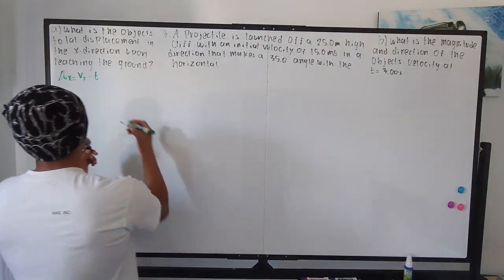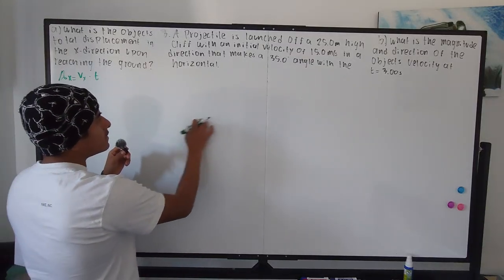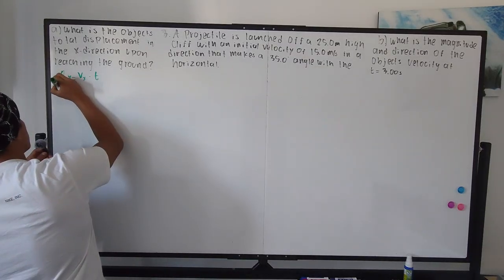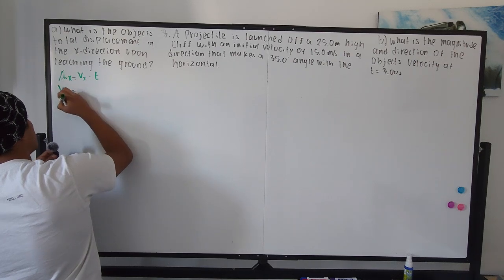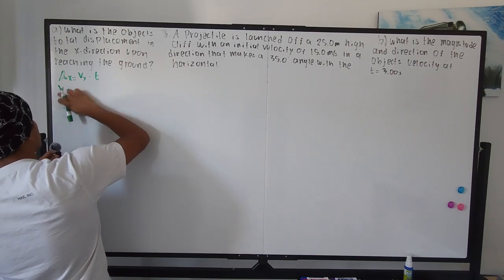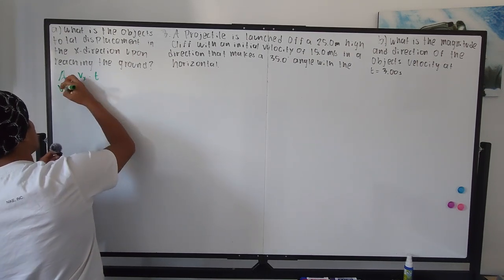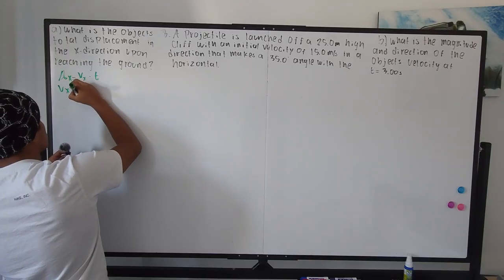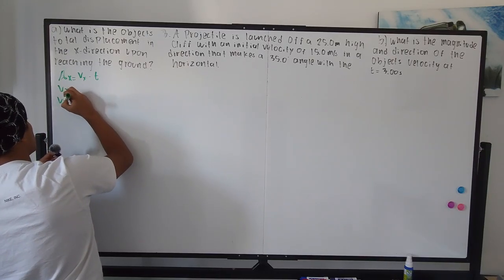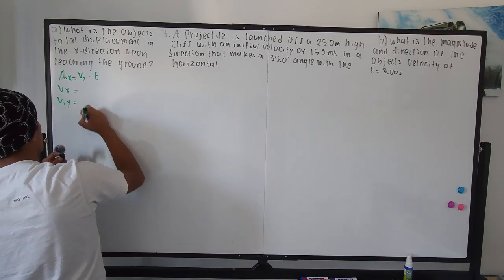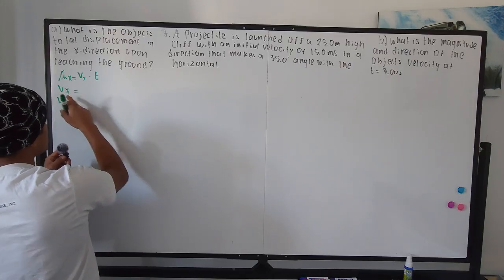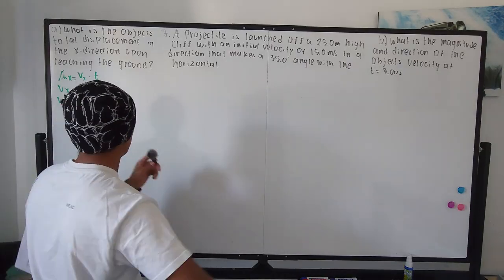Okay, so first of all, let's split up this velocity. So let's get our Vx and then Viy, because I just put Vx because the velocity in the x direction is always the same.